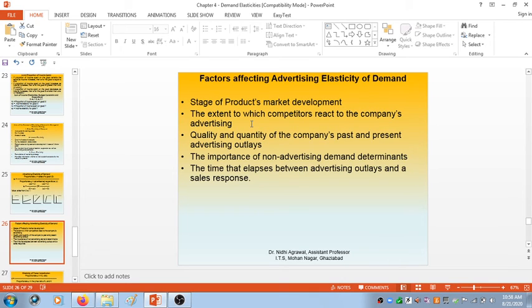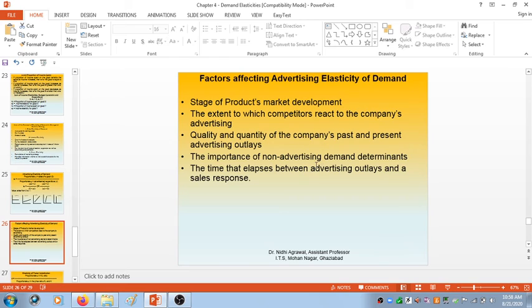And then accordingly, if through advertising demand is going up, then again and again you can also increase your advertising expenses accordingly. Quality and quantity of the company's past and present advertising outlays. So in the past, what kind of outlays you have made regarding advertising, and in the current situation what you are doing, this will also affect the perception of the customer, and accordingly they will react.